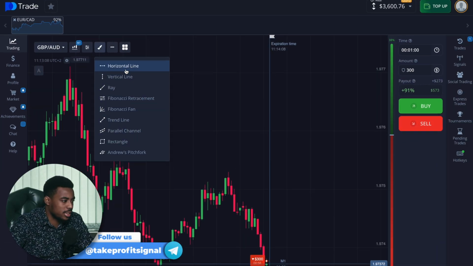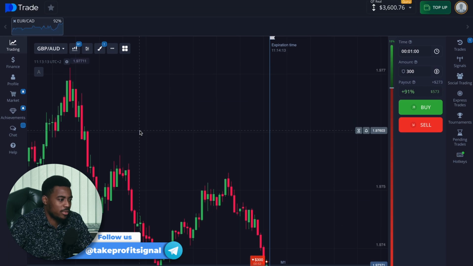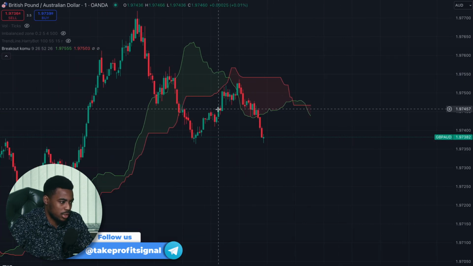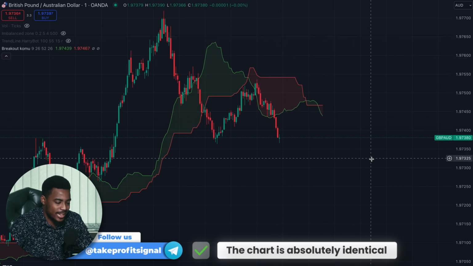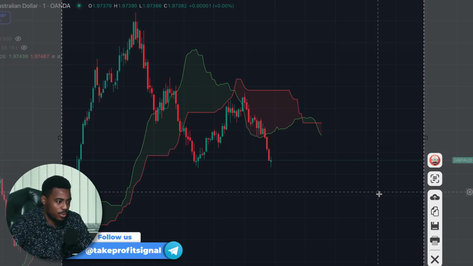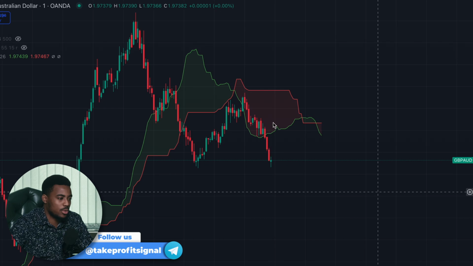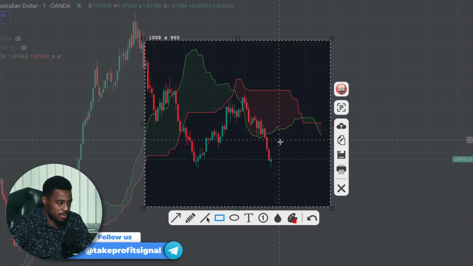See what the point is. What we have on the Pocket Option platform, what we have on TradingView. The chart is absolutely identical. That is why we add this wonderful indicator. What this indicator shows us is that for some time we have already been in a downward direction because we have broken this cloud from the top to the bottom.